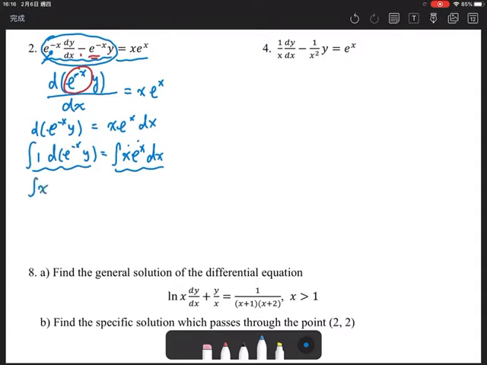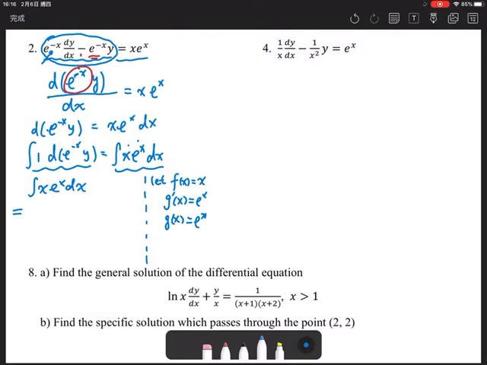So consider x e to the power of x, and we should let f(x) be x, and g prime is e to the power of x, and g(x) is also e to the power of x.